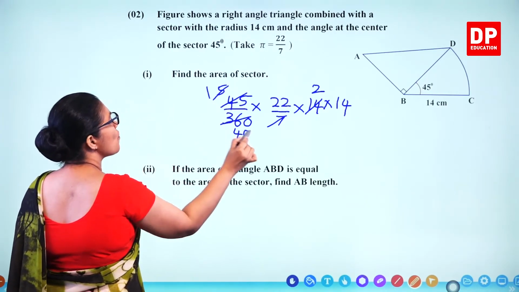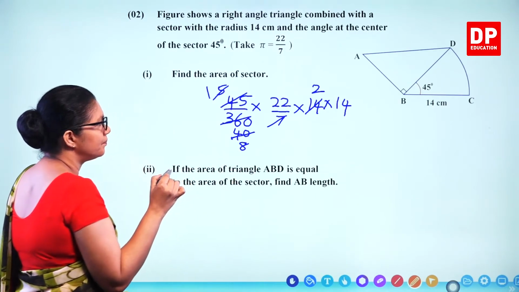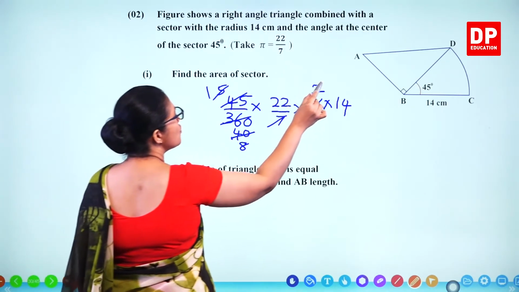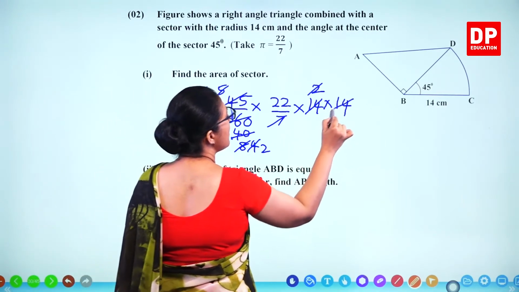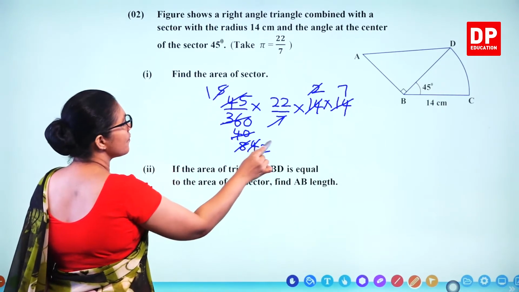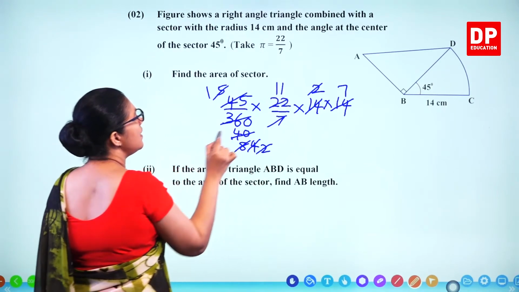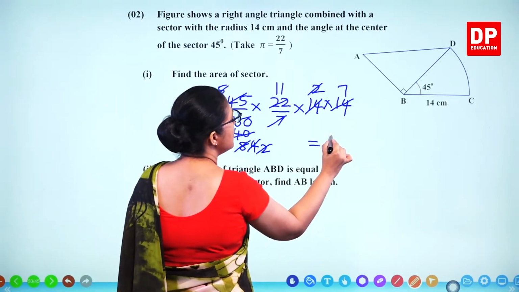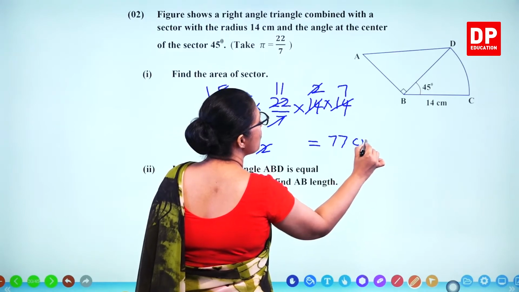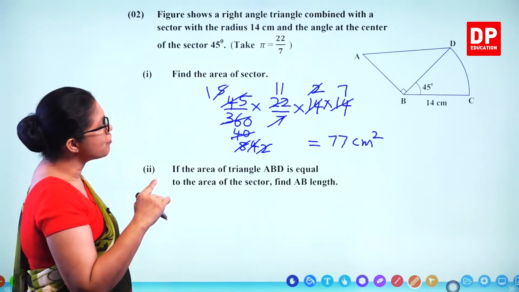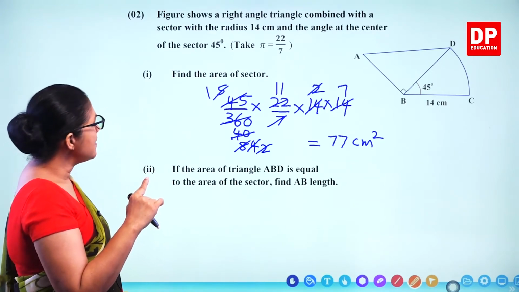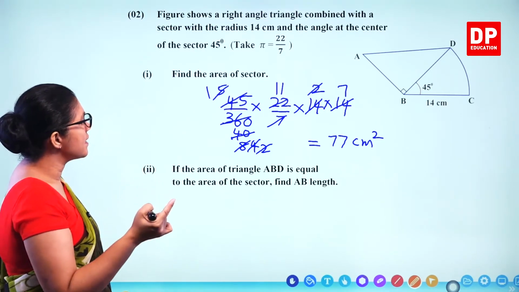Again 5 times 1, 5 times 8. 2, that's 4. 2 here, that's 7. 2 times 11. 11 times 7, 77 square centimeters.